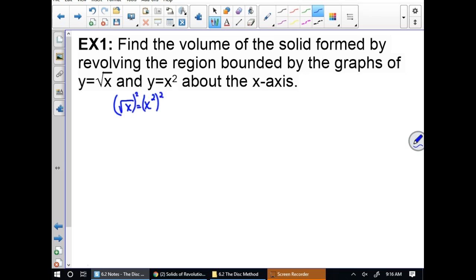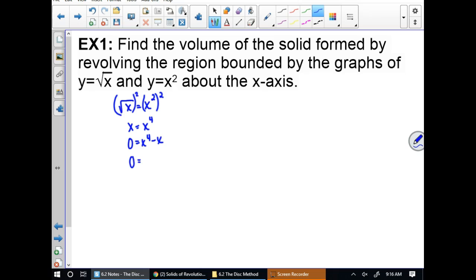You could square both sides or square root. I think it's going to get us further to square both sides because this will give us x equals x to the fourth. And then I could move everything to one side, so I'll have x to the fourth minus x. And then how would I solve that? Factor.